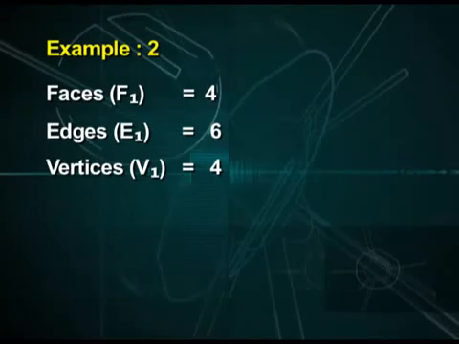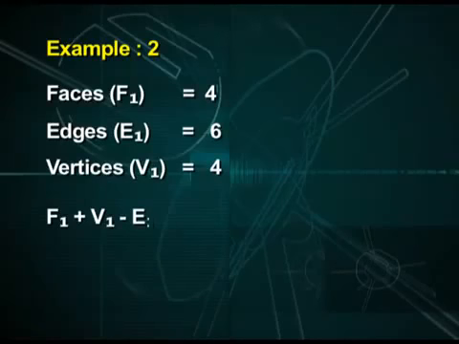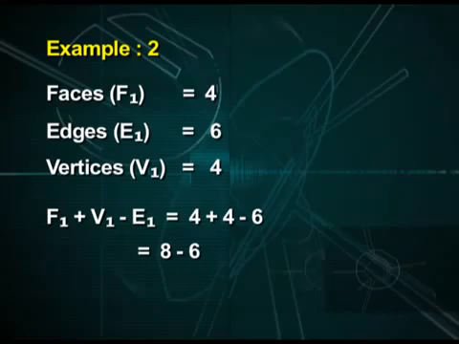Again, see example 2: faces, edges and vertices. We add the number of vertices to the faces, and from the sum we subtract the edges. What we get is 4 plus 4 minus 6, which is 8 minus 6, again equal to 2.